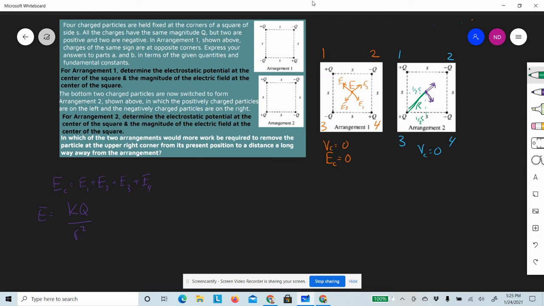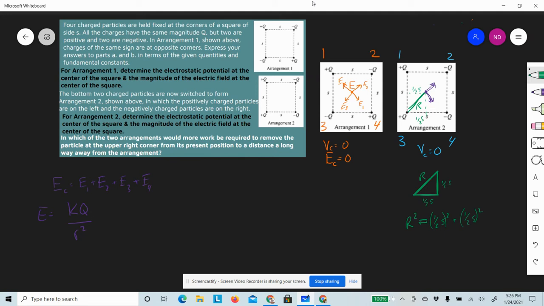So R, if we've got to do that little triangle, half S and a half S, what is that? R squared equals 1/2 S squared plus 1/2 S squared.